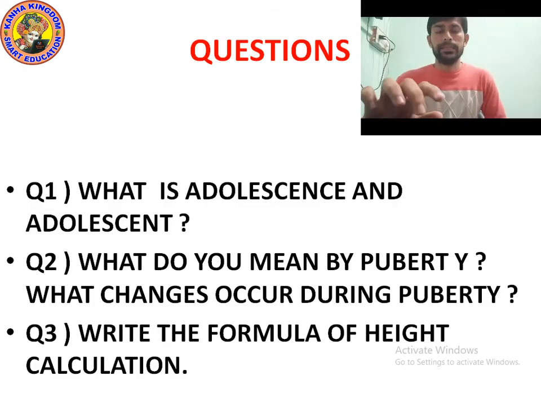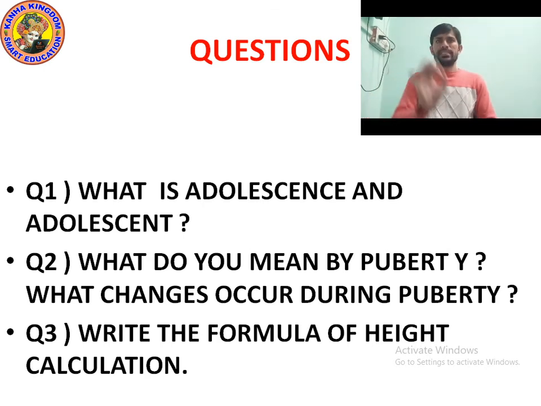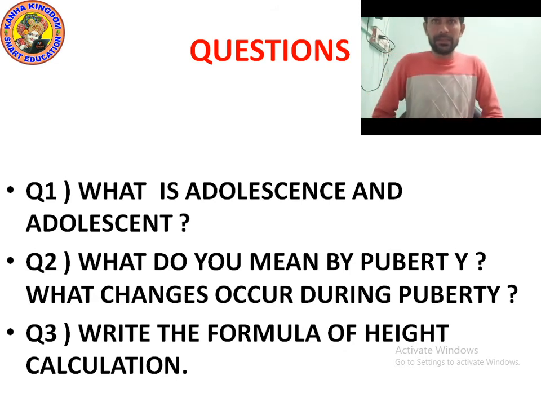Okay kids, it's time to ask questions from you. Question number 1. What is adolescence and adolescent? So first let's understand the definition. Adolescence is the period of life when the body undergoes changes leading to reproductive maturity.